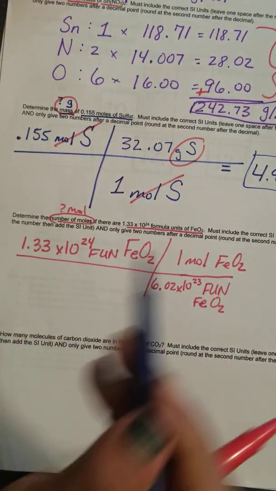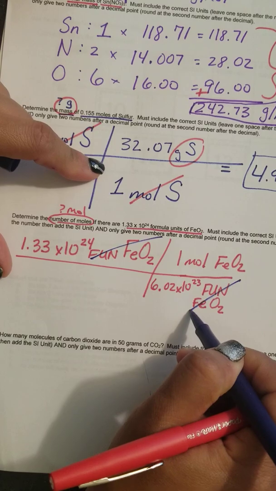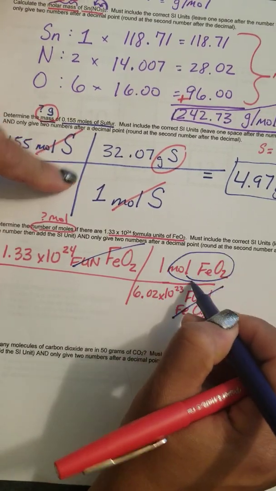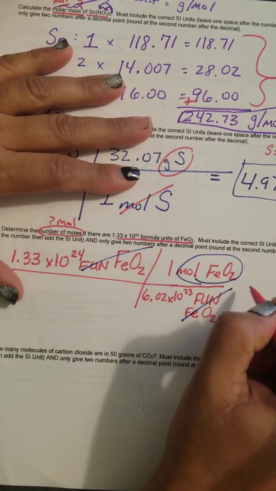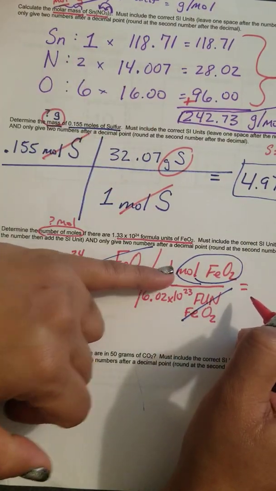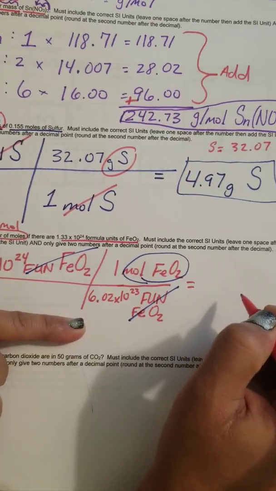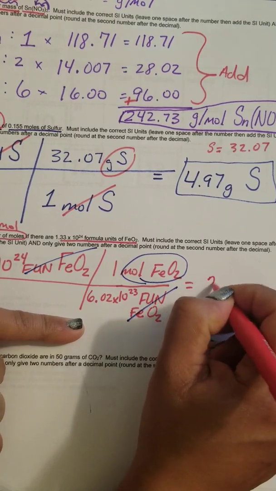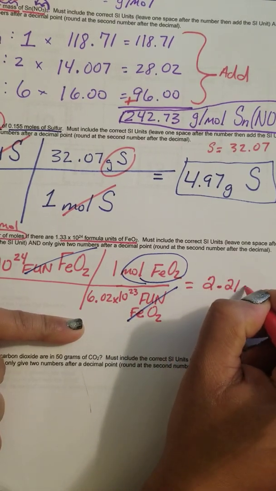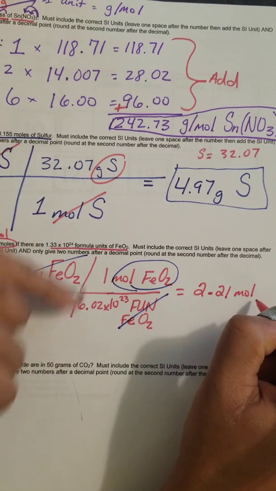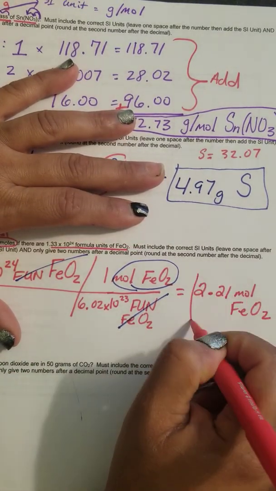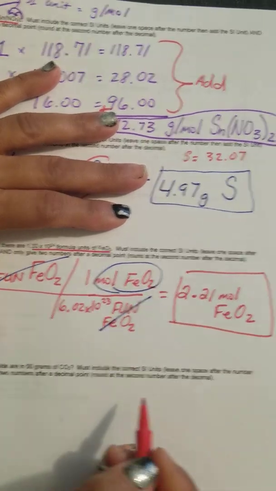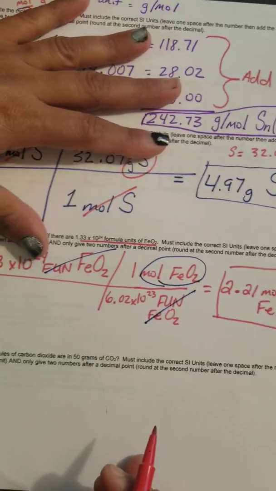Now in this case, I can go ahead and cancel out the FUNs. I'm left with moles, which is what I'm looking for. I'm done and I can stop right there. Get the top number divided by the bottom number. In this case, I got an answer of 2.21 moles of iron oxide, FeO2. Now I'm done and that's the correct answer.